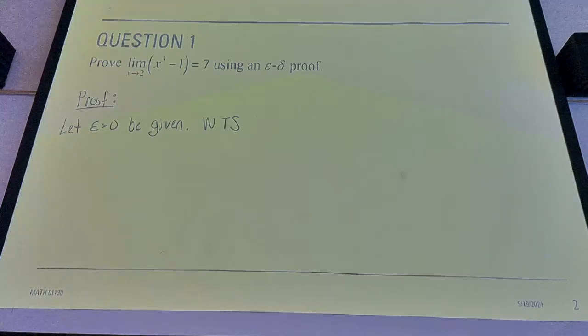There exists delta greater than 0 such that, if the absolute value of x minus 2 is less than delta, then the absolute value of x cubed minus 1 minus 7 is less than epsilon.